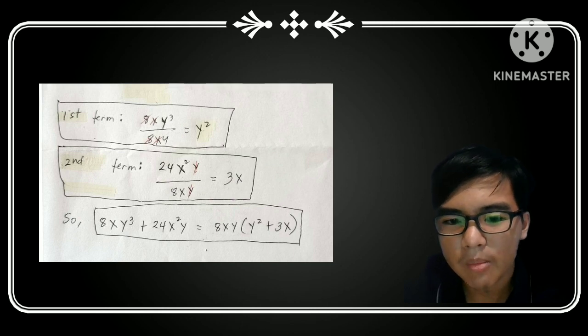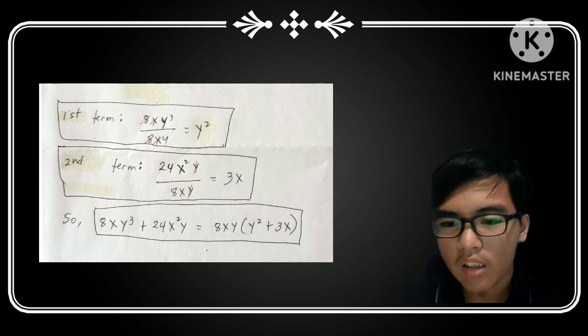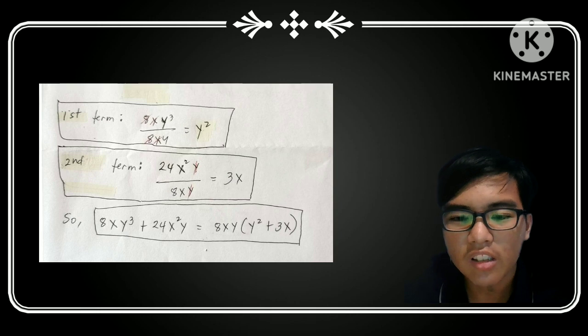For the first term, divide 8xy cubed by 8xy. Eliminate 8 and 8 as well as your x. For the y variable, y cubed divided by y will give you the answer y squared. Next is the second term. Divide 24x squared y by 8xy.